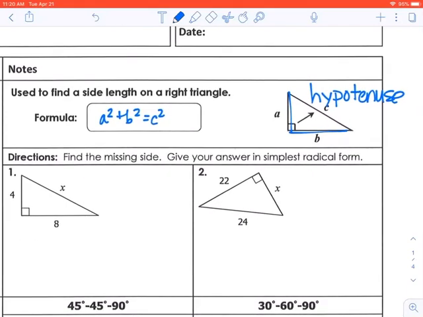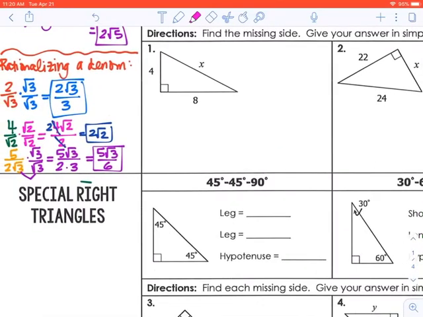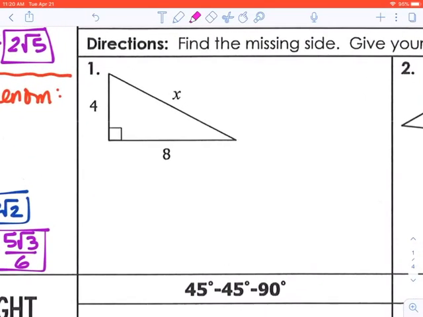And it doesn't matter which one is A and which one is B. You can interchange those, but C has to be the longest side. It's always opposite the right angle, okay? It's right across from it because it's the biggest angle in the triangle, and so the hypotenuse is the biggest side. Okay, so if you're going to find the missing side, you're just going to use the formula, okay?